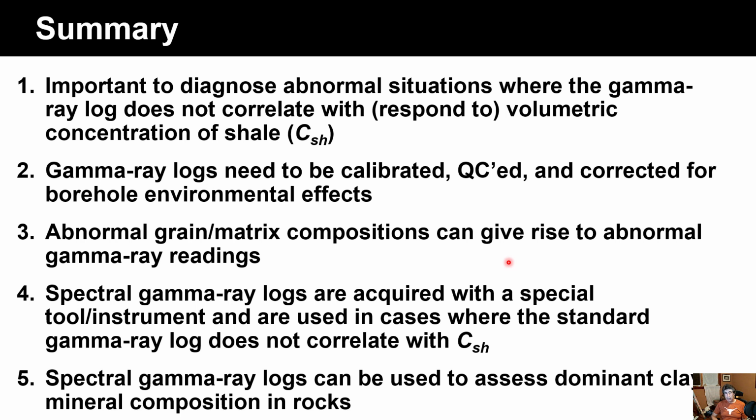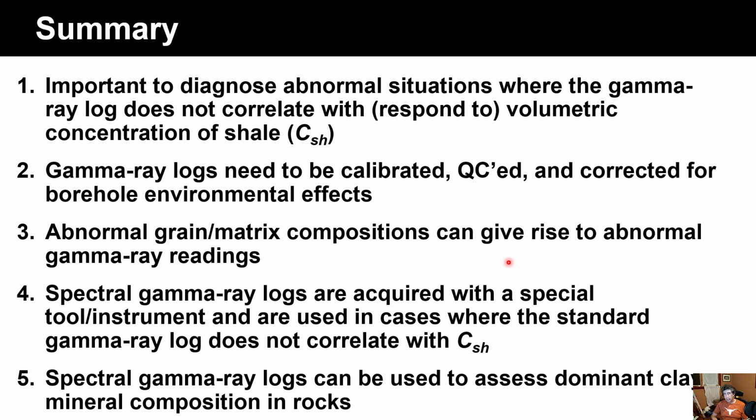The other thing that I showed you is that gamma ray logs need to be calibrated, quality controlled, and corrected for environmental effects. This is very important if you're working on a multi-well project, because you may have wells that were drilled with one mud, with one size, and logged with different tools.